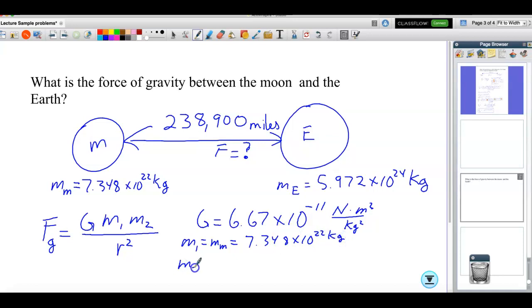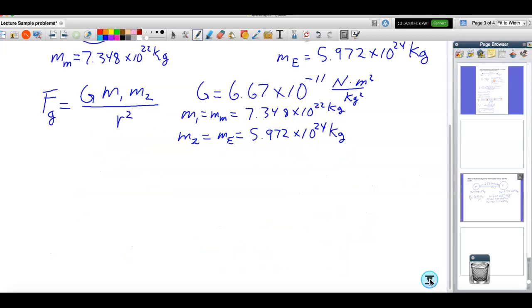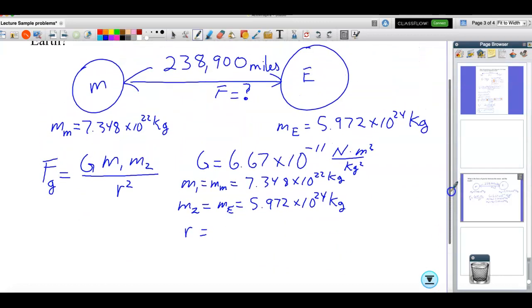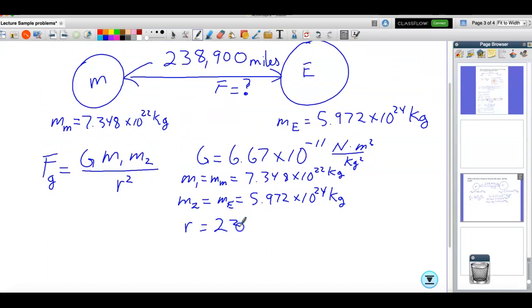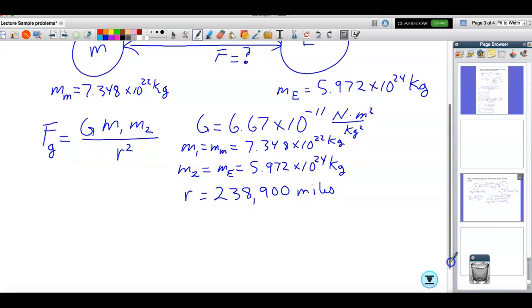Mass 2, let's call that the mass of the earth, and that is 5.972 times 10 to the 24th kilograms. And then the radius, remember if we go back up there, that was 238,900 miles. Okay, so we can put our stuff in our formula.